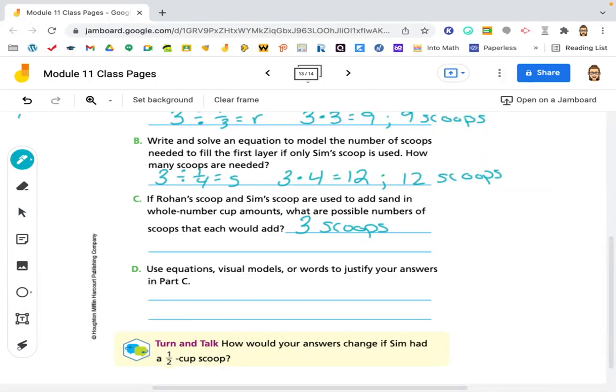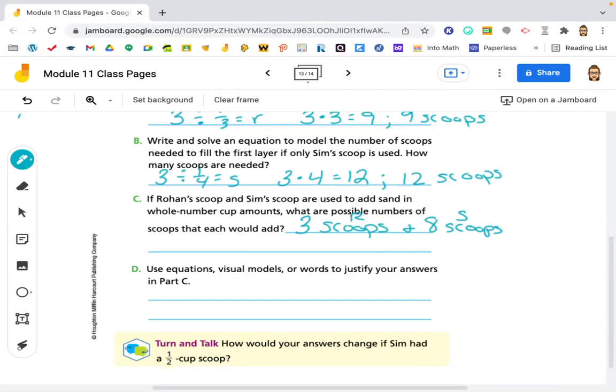So that would be Rohan. And then that means there'd be 2 cups, so you would have 8 scoops for Sim. That would be one possibility.